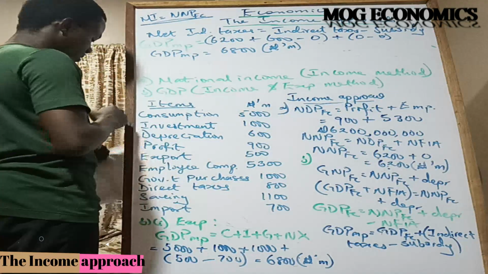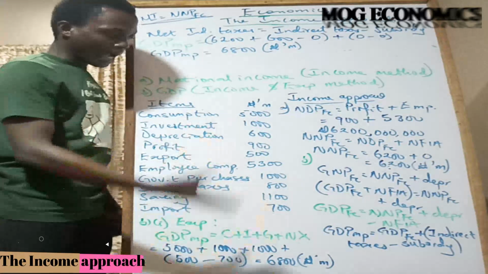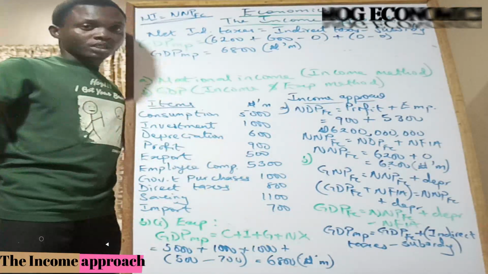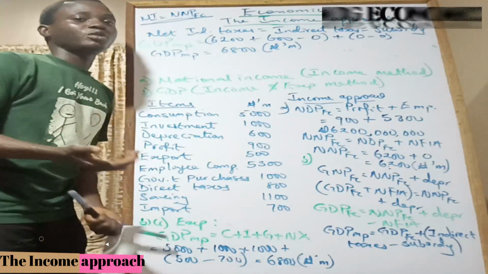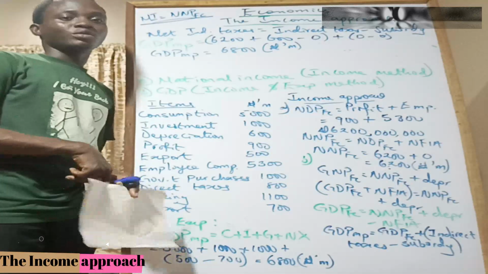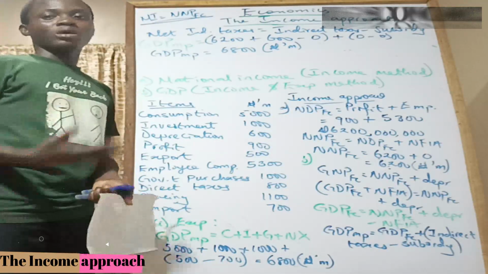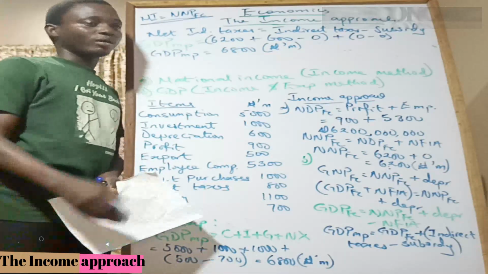We can see that with the income and expenditure approach, both results are the same, right? Which is actually what it's supposed to be. All of the three approaches should yield the same answer under normal circumstances. If they don't, then you use statistical discrepancy to correct the error occurring between or among them.